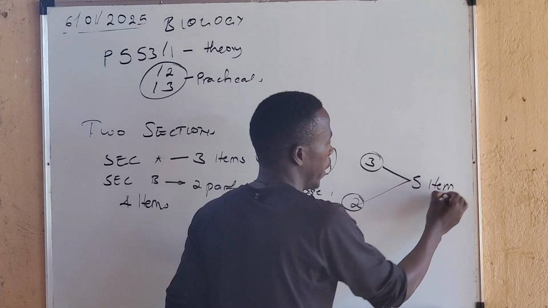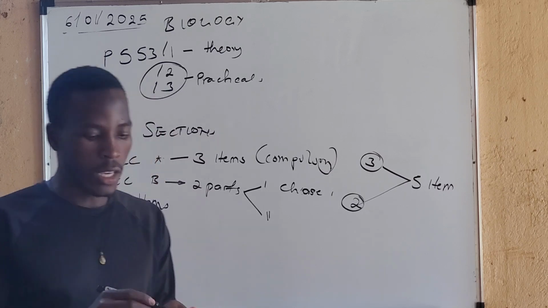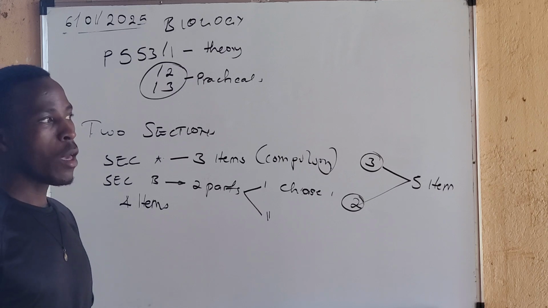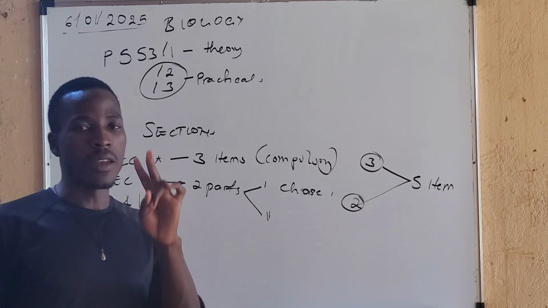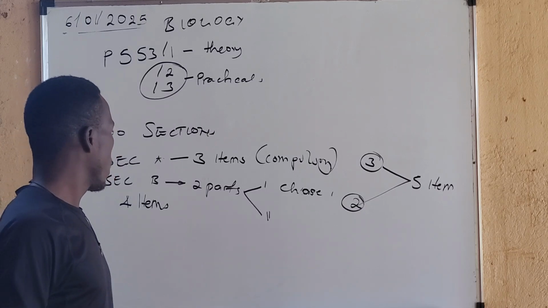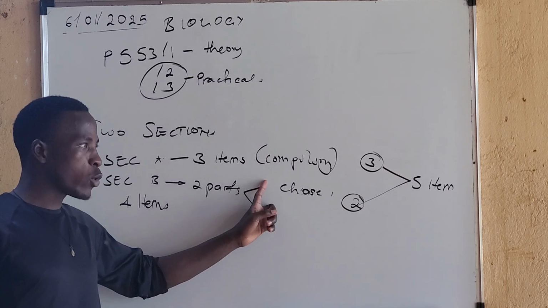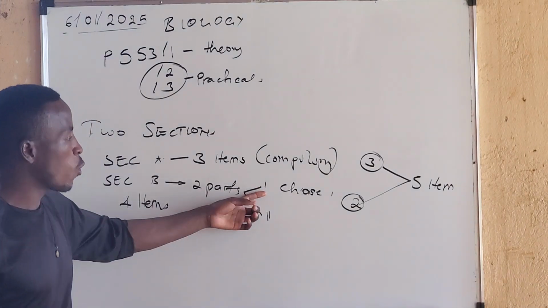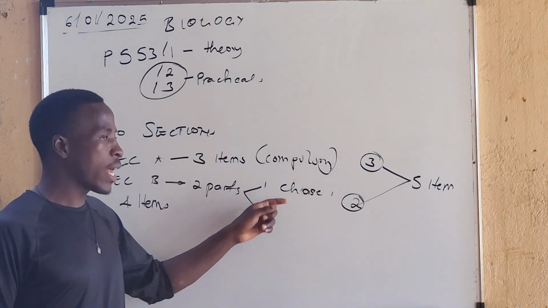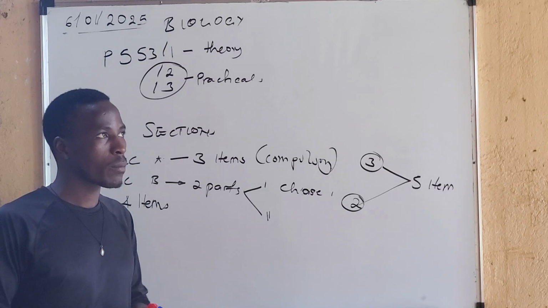By the end of the cycle, a learner is able to sit for 5 items: 3 from section A and 2 from section B. Section B has 2 parts, part 1 with 2 items and part 2 with 2 items, so a learner chooses one question from each part.